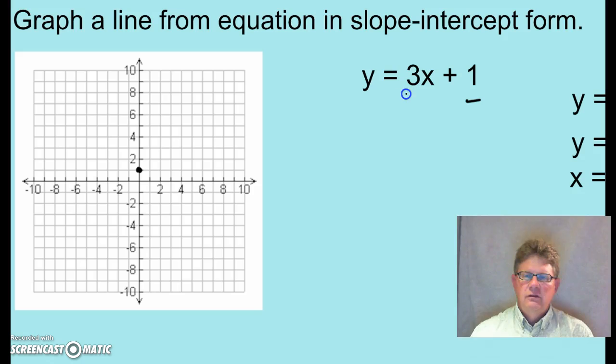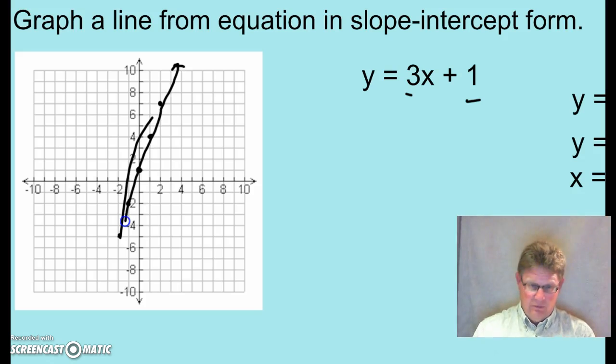It has a slope of 3, so that would be a rise of 3 and a run of 1. And in the other direction, down 3, left 1. Then graph the line going through the points.